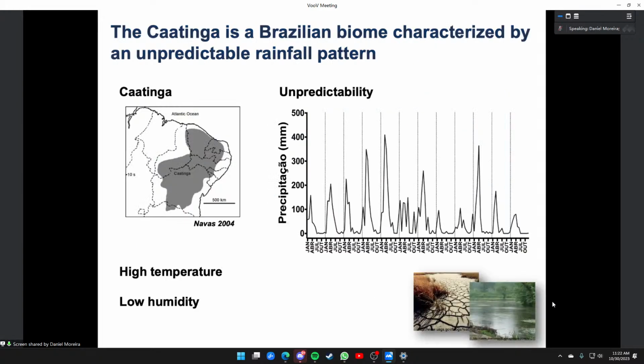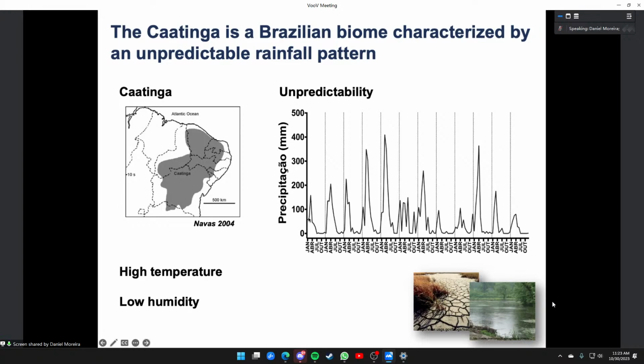So we went to the Caatinga, which is a Brazilian biome located in the northeast of Brazil. It has high temperatures and low humidity, but the main feature of the Caatinga is the unpredictability of the raining, of the intensity of the rainy season. In this graph, we have the month on the x-axis and the total precipitation or rainfall on the y-axis.